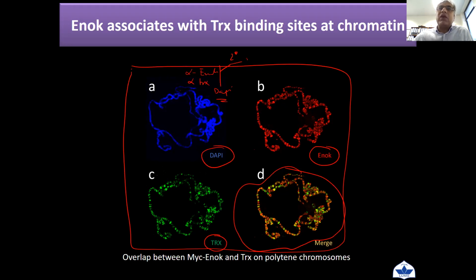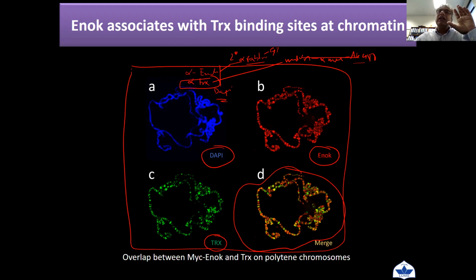ENOC antibody is, for example, in rabbit. Trithorax is mouse, for example. So when you add secondary antibody, you will use anti-rabbit labeled with, for example, Cy3 fluorophore. For mouse, which is trithorax antibody, you will use anti-mouse, labeled with, for example, Alexa 488 fluorophore. So you will use different lasers under the microscope.